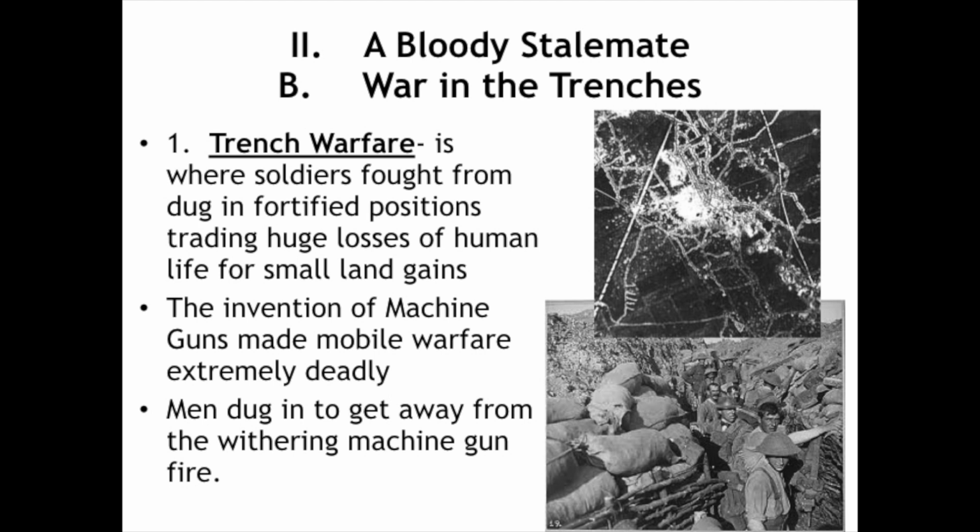In order to take your enemy's line, you had to remove them from their trench, which caused significant human losses for a small land gain. And this was also worsened by the invention of the machine gun, which is probably one of the most deadly weapons ever invented in human history.